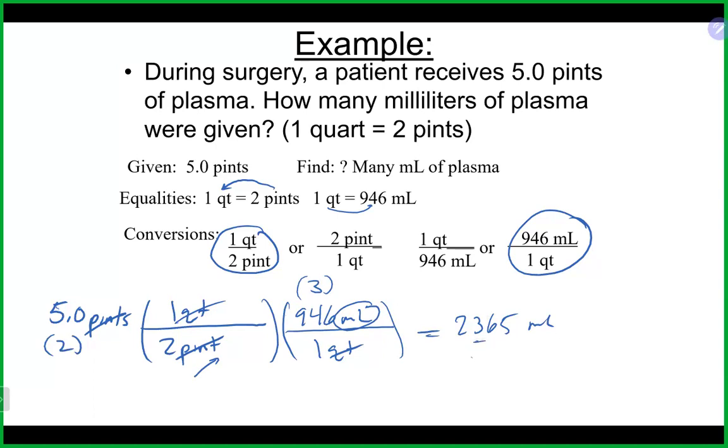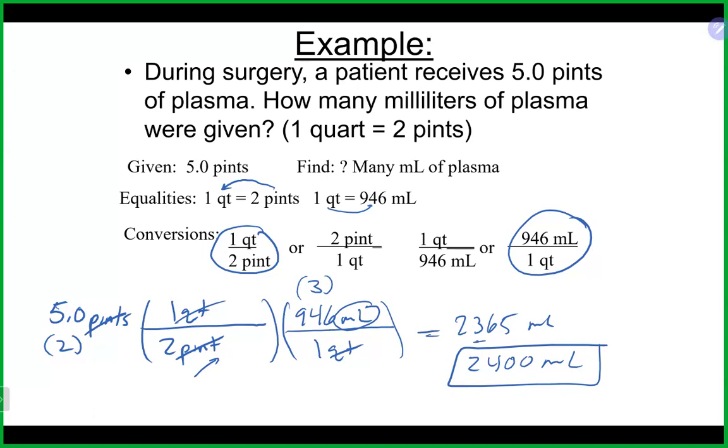That means we should end up with something like 2400 milliliters. You also could use scientific notation if you wanted to, 2.4 times 10 to the 3. Any questions on that particular one?